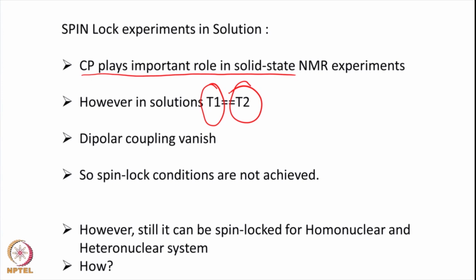So dipolar coupling vanishes completely, and therefore if you do cross polarization, the spin lock condition cannot be achieved. So whatever we were saying, transferring the polarization from proton to carbon in liquid, if we do it like this we cannot enhance it.